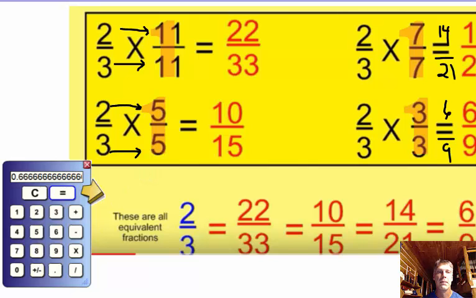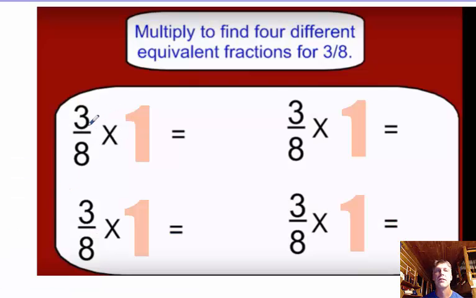All right, let's try it on our own now. If I take 3/8 and I want to find an equivalent fraction to 3/8, I'm going to start out using 3/3. It doesn't matter, you can choose any one you want. So 3 times 3, multiply across, I get 9. 8 times 3, 24.